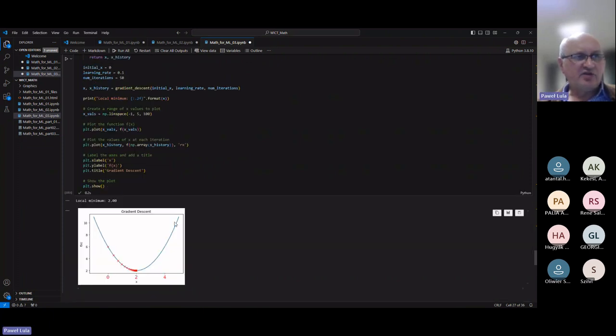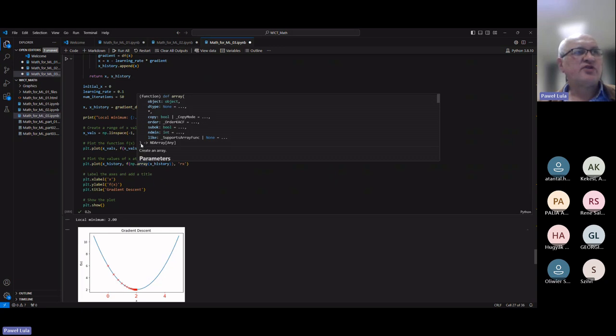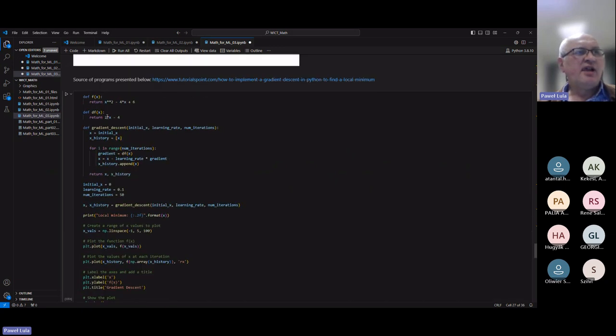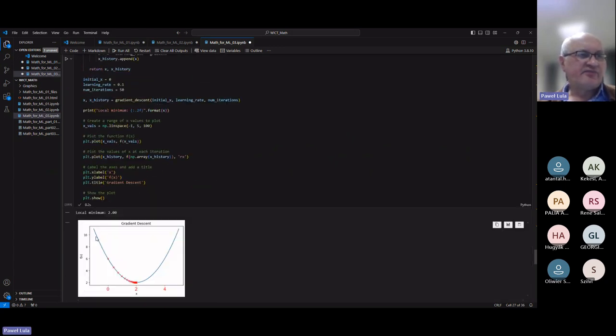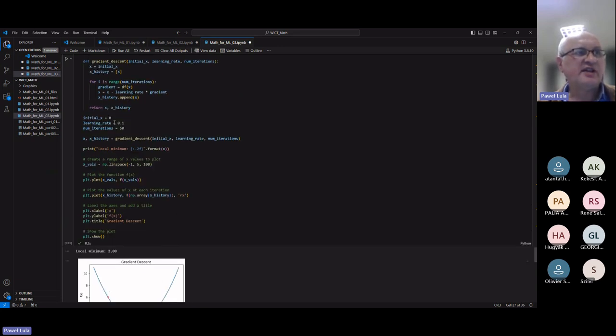It is my function. This function, which is defined here, is a quadratic function, so it is a very simple problem. I started with x equal to 0. It is defined here. Eta is equal to 0.1, and the maximum number of iterations is 50.